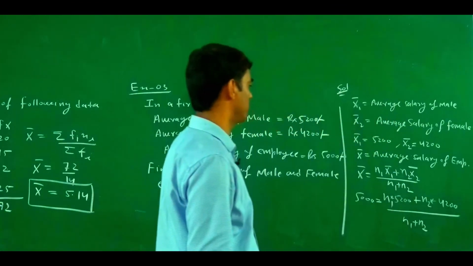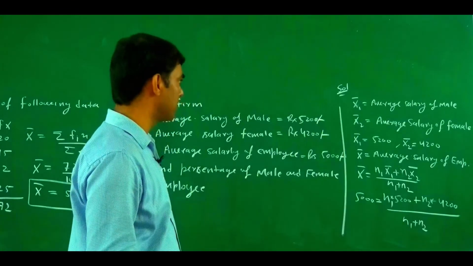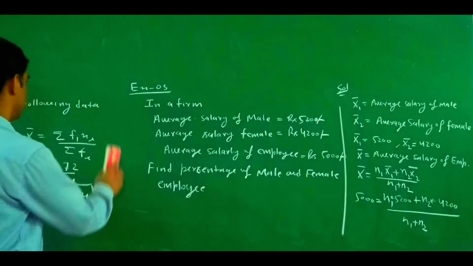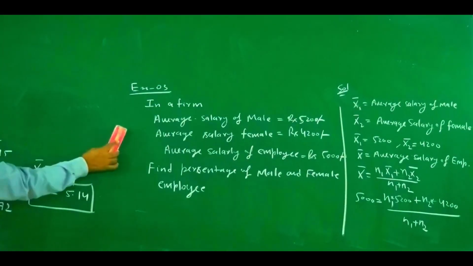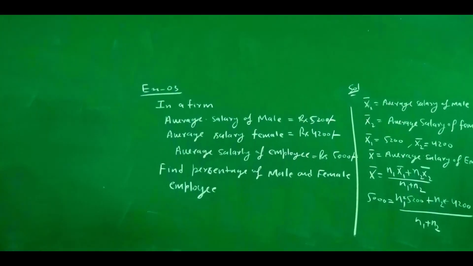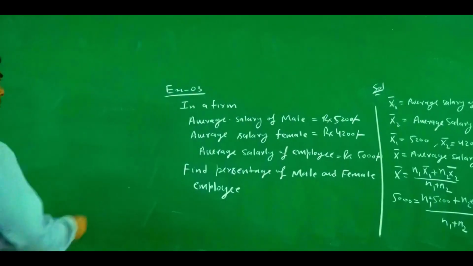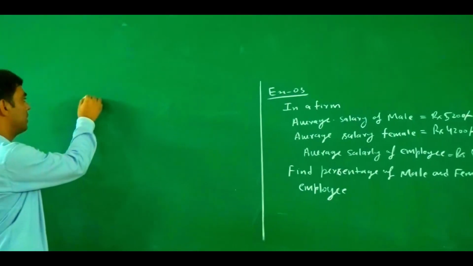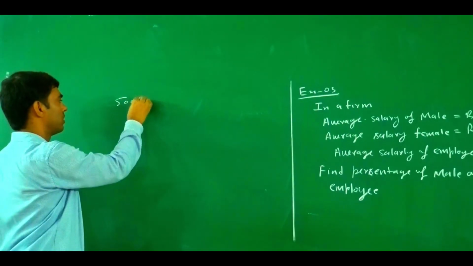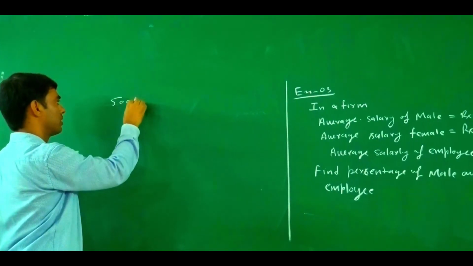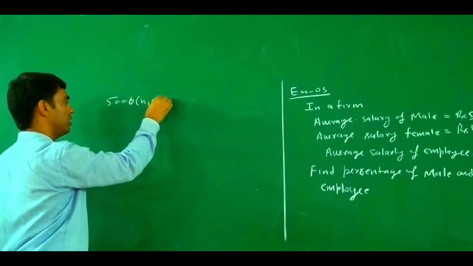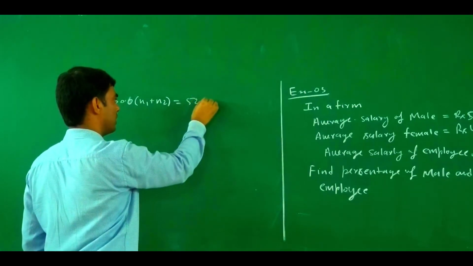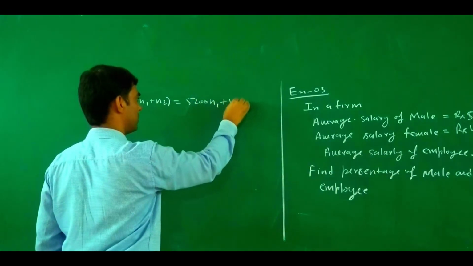If we simplify this, 5,000 times n1 plus n2 equals 5200 n1 plus 4200 n2.